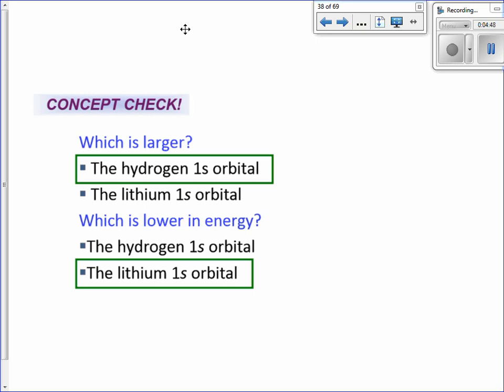Closer you are to the nucleus, the lower your energy for the electron. So if you're closer in, remember 1s is the lowest energy level. So if it's closer in, lithium's is closer in, we just determined that in the first question. So then lithium would have to be lower because it's closer to the nucleus. Now the binding energy from the nucleus is higher. We know that from our photoelectron spectroscopy as well.